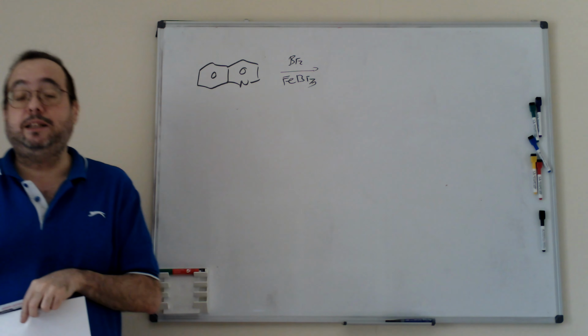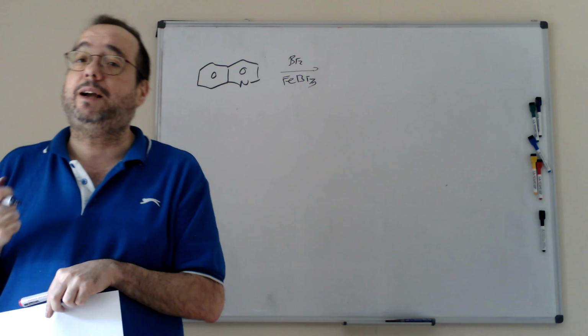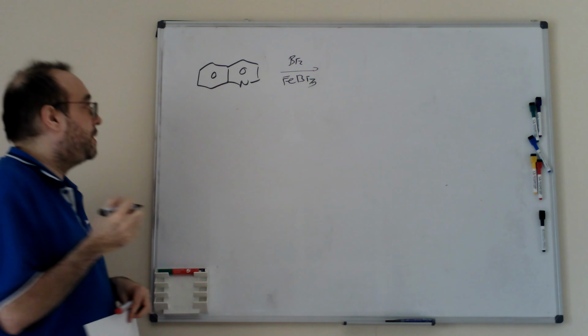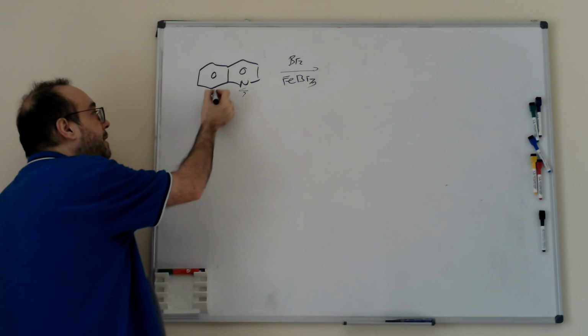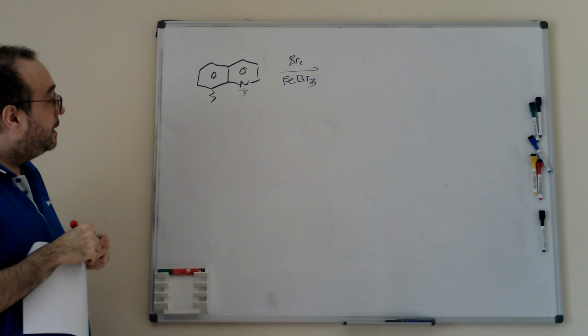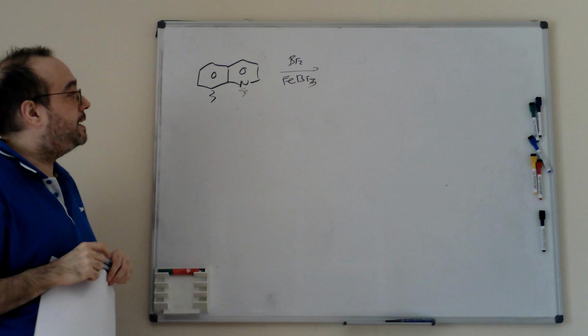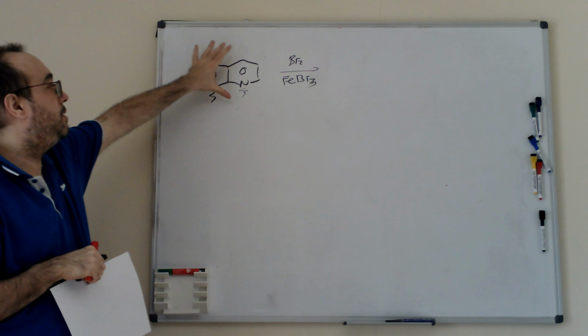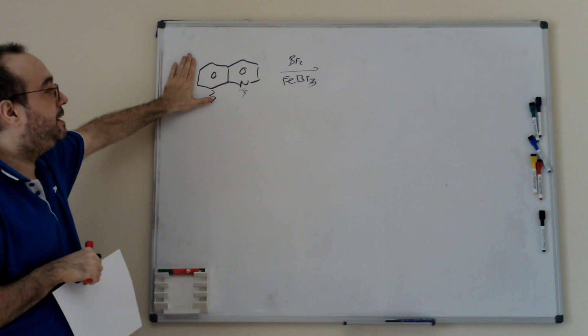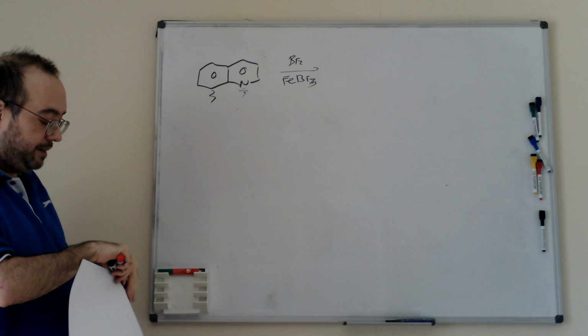That means the first thing that we need to determine is which is the electron-rich ring. We have here a pyridine, here a benzene ring. That means that the benzene is more electron-rich than the pyridine. The reaction will take place in this fused ring, in the benzene fused ring.